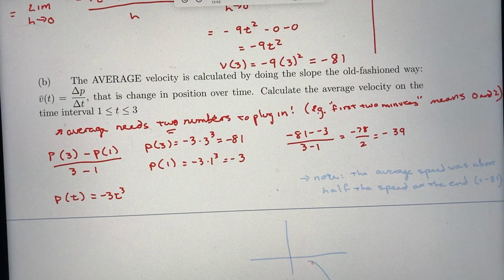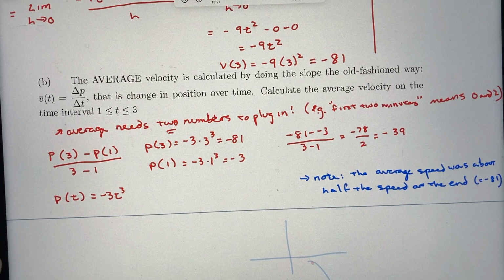Okay, so one little note. We just calculated the speed at the end, and that was negative 81.